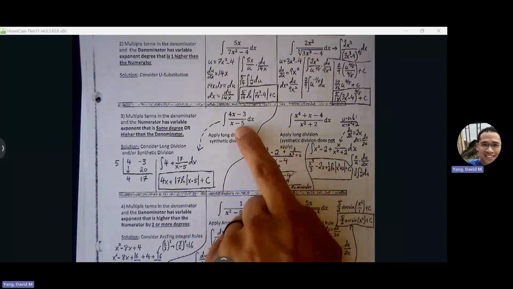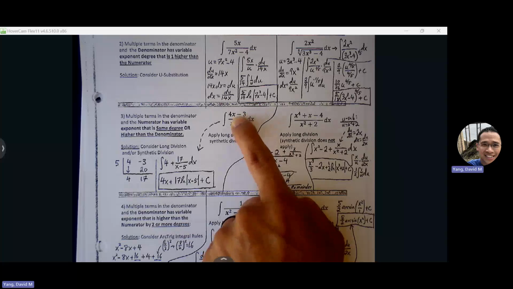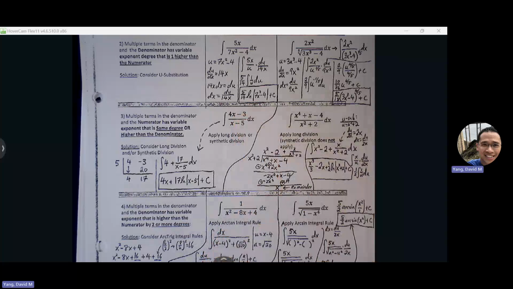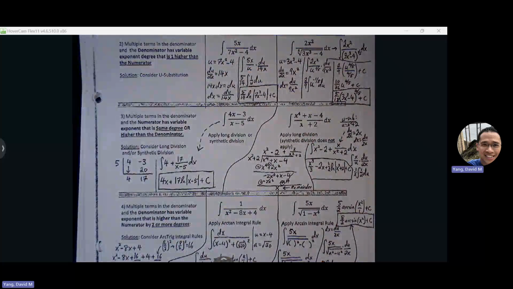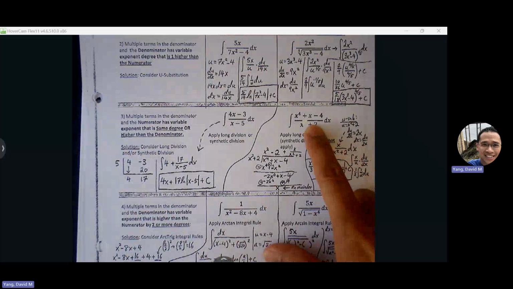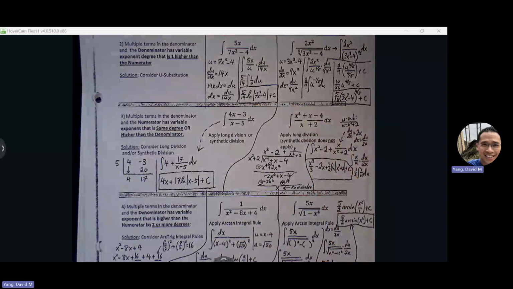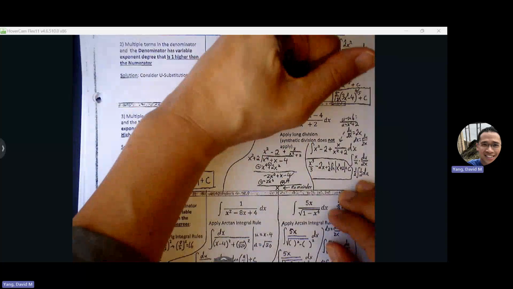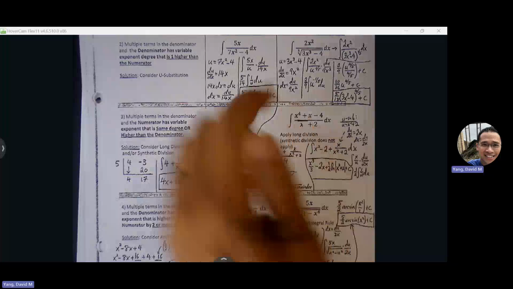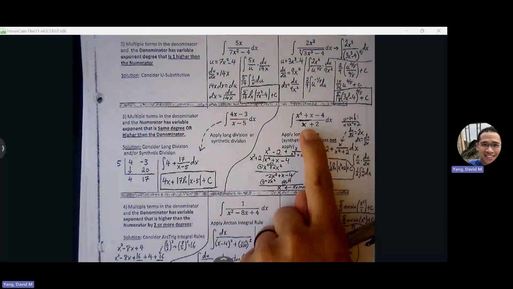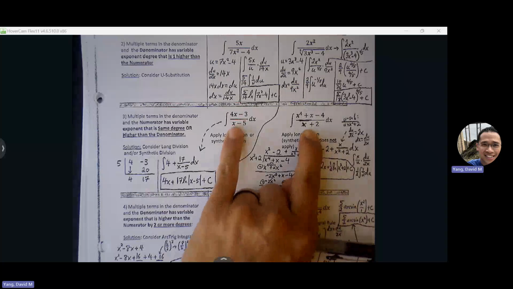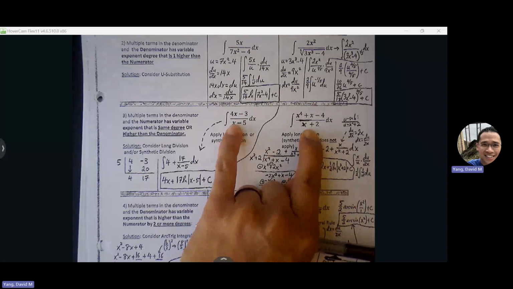Third scenario, let's say I have 4x minus 3 over x minus 5. If my degrees are not going to cancel out, or if my degree is higher, we're not going to quite see the situation here, but let's say I had x to the 4th plus x minus 4 all over x plus 2. That x squared is going to force us to have to go through long division, which we're not going to have to deal with. So in this scenario, we can think in terms of synthetic division.